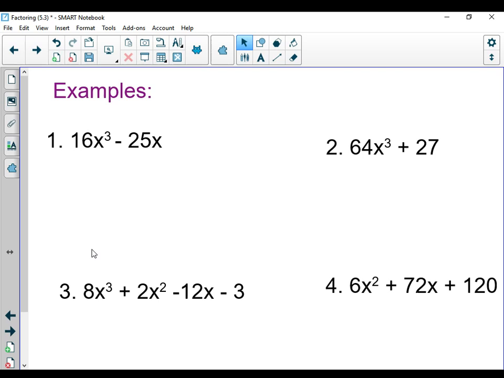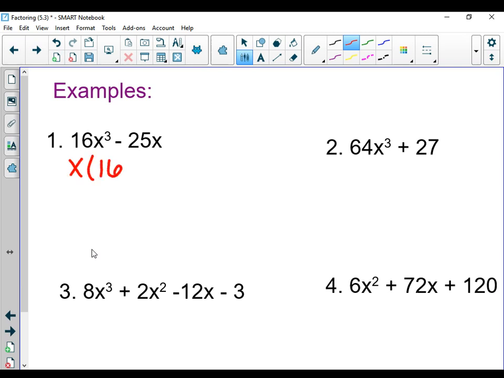Okay, who wants to walk me through the first one? You factor out an x from both sides.